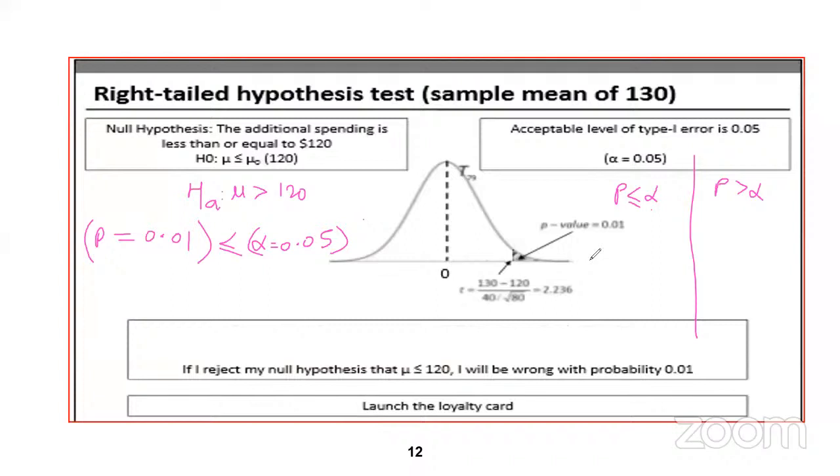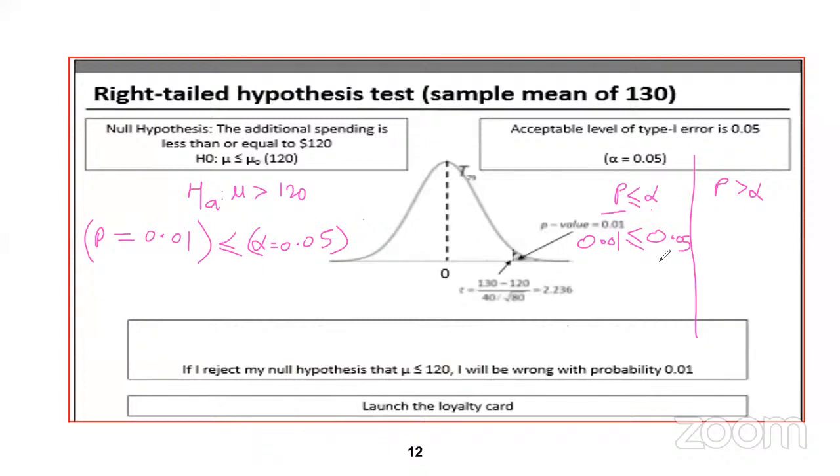If you have already calculated the probability of loss after you launch the discount coupons, and that probability is less than the allowed percentage of error, that means you were ready to bear 5% loss, but the calculated probability of loss is only 0.01. That means 1%.